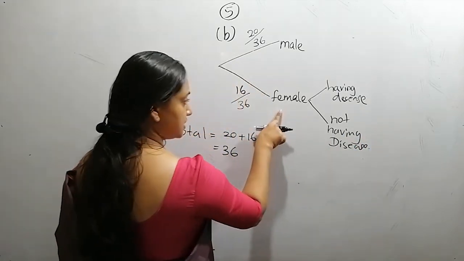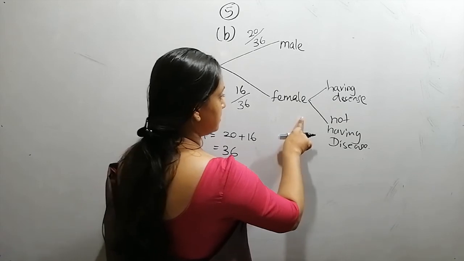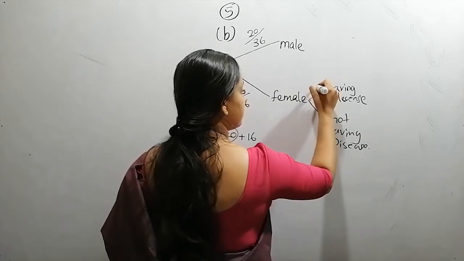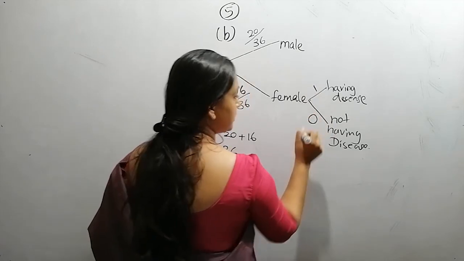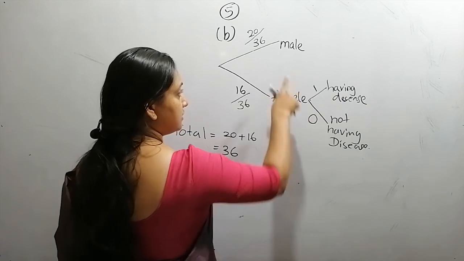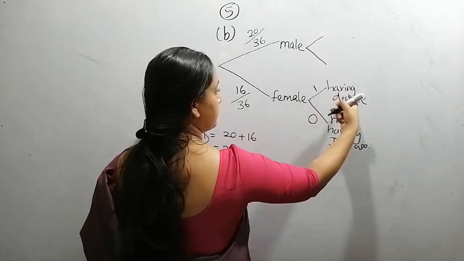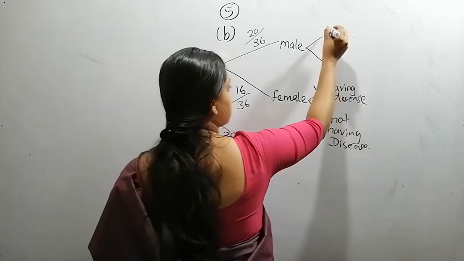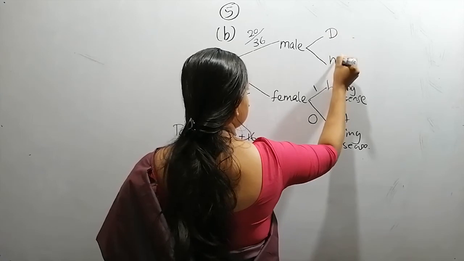In the question it says all females have the disease, therefore the probability of having the disease for females is 1, and the probability of not having the disease for females is 0. And again the male group can be divided into 2: having the disease and not having the disease.